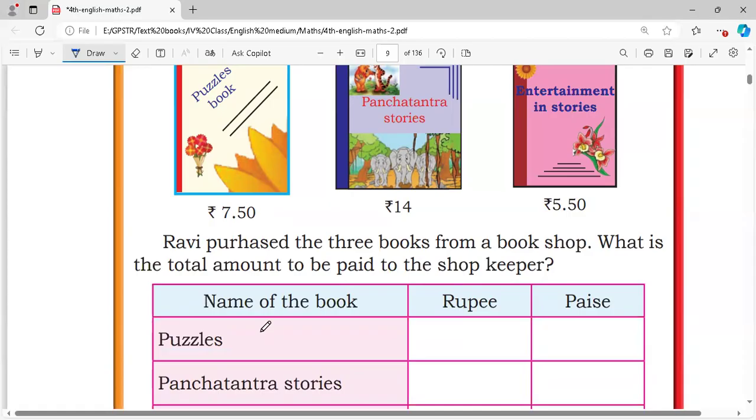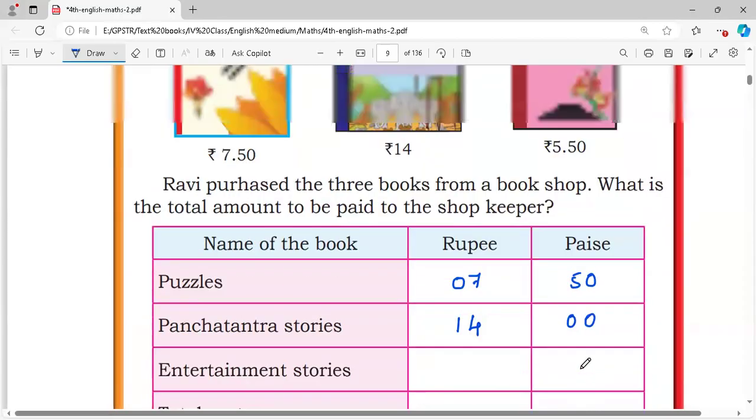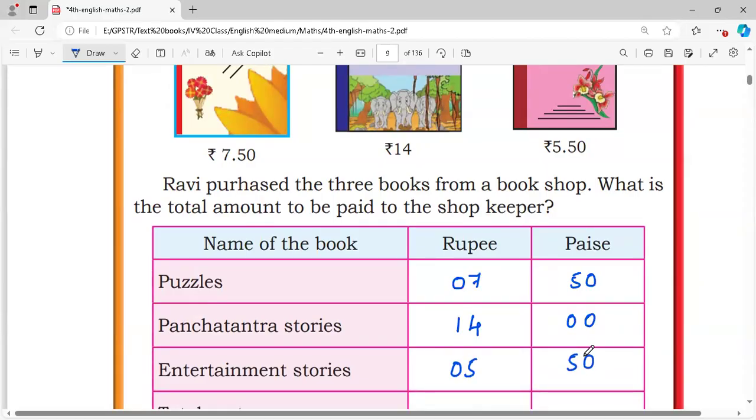Puzzle book, 7 rupees 50 paise. Next, Panchatantra stories, 14 rupees 0 paise. Next, entertainment stories, 5 rupees 50 paise.